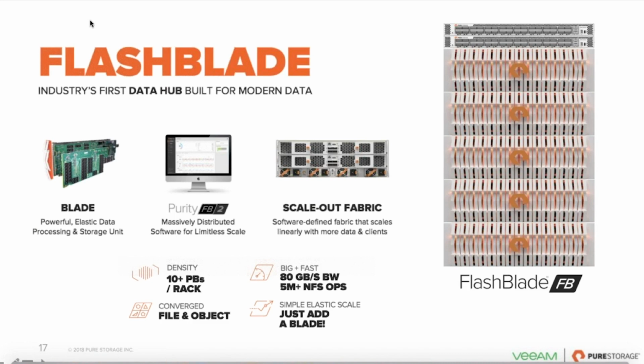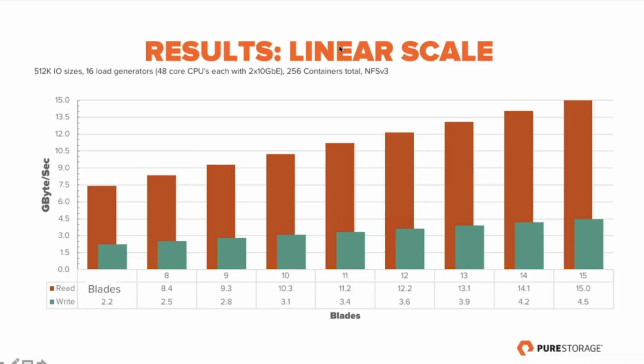You can normally expand them on the storage side, but generally they've got fixed compute. So it really means the performance degrades as they get bigger. With FlashBlade, that's not a problem, because each blade has its own storage, compute, and networking. So when we look at performance, we have a predictable linear scale out performance profile.